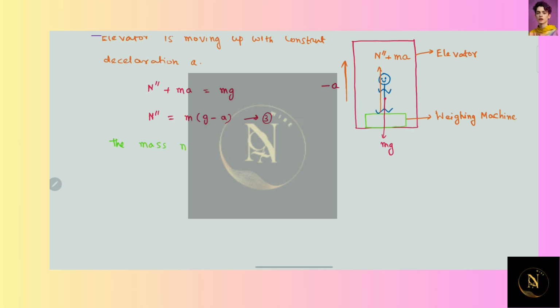As I said, it will be the minimum mass, that will be N double prime by g. On simplifying this, we will get m minus m into a by g. So this is my fourth equation.